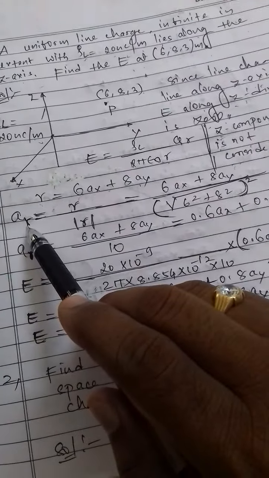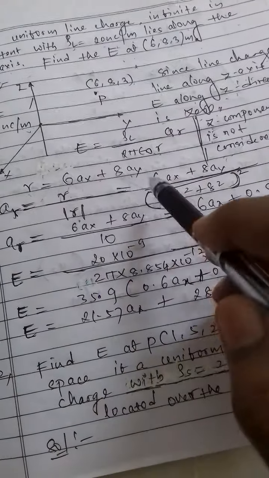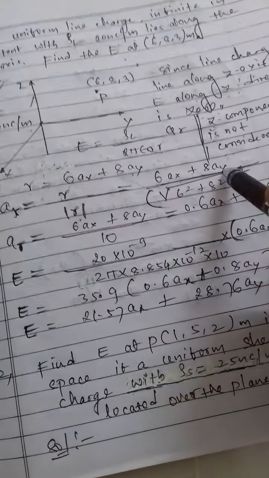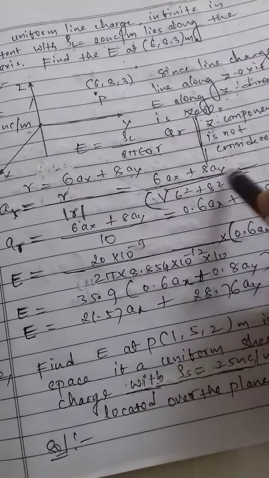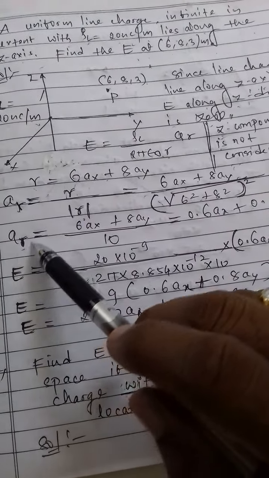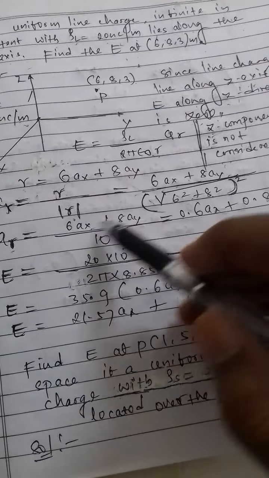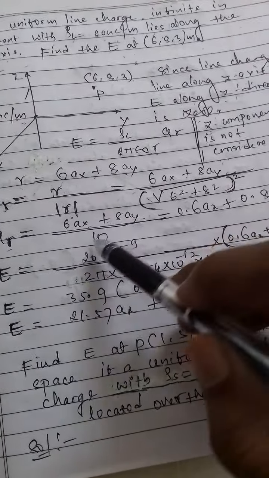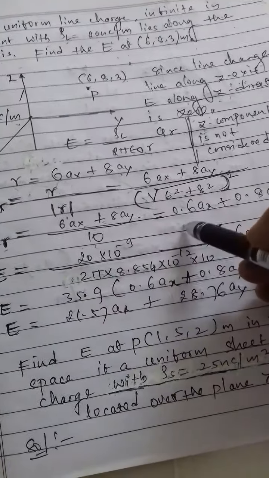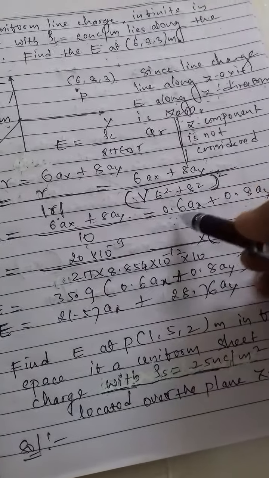The unit vector in that direction is r upon modulus of r, equal to 6ax plus 8ay upon square root of 6 square plus 8 square, which is 6ax plus 8ay upon 10, equal to 0.6ax plus 0.8ay.